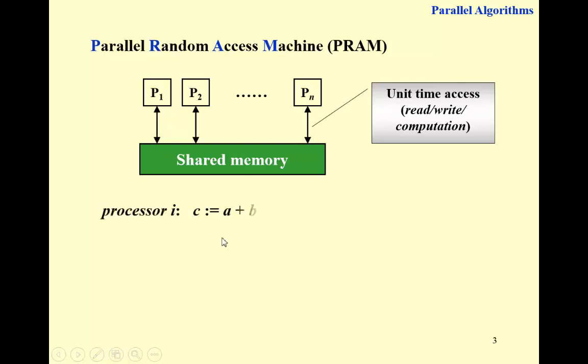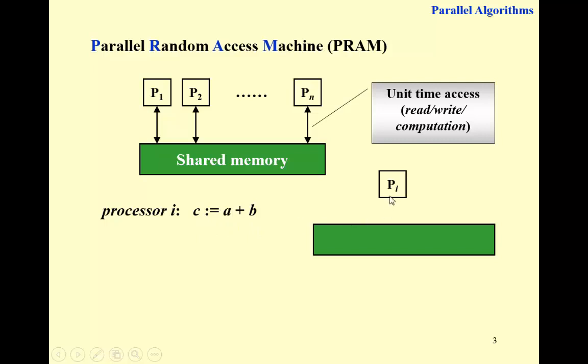For an instruction like this, on processor i, we assign A plus B to C. It means that processor i would read A and B from the shared memory, that is, copy a shared memory cell into one of its local memory registers, do the computation A plus B, and finally write the result back into the shared memory.